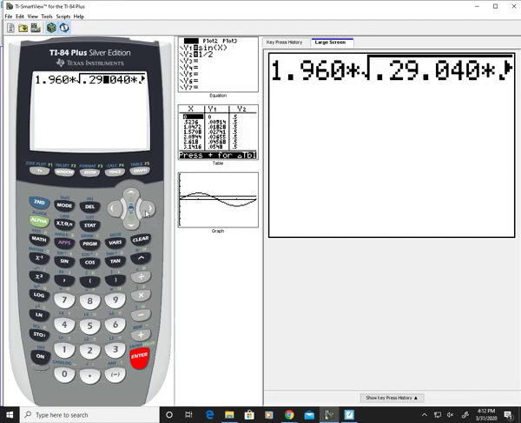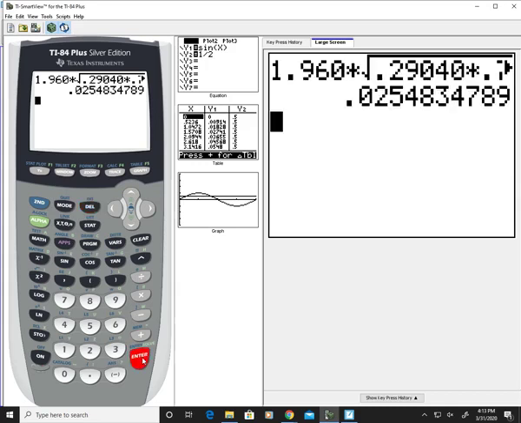I guess I punched in an extra decimal. Okay, let's try that again. See, things happen.